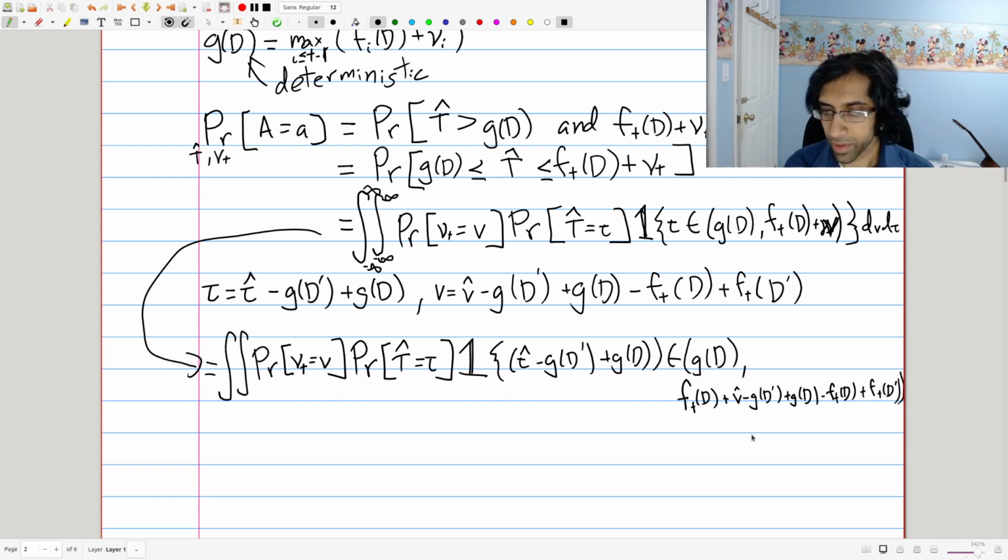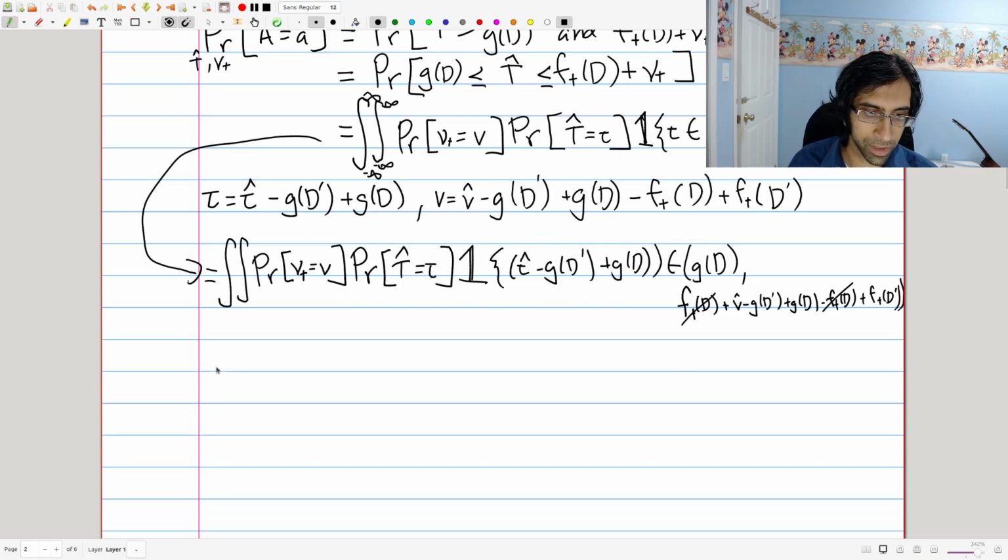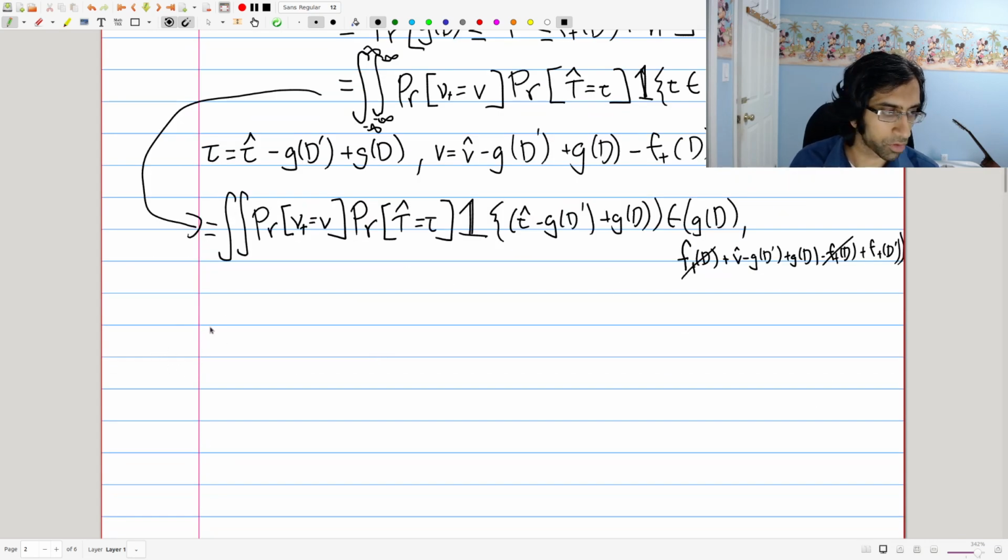Okay, this is a little bit convenient because this will allow us to cancel out this term here, because it's plus and minus the same thing. This will shift this from g of d to g of d prime. But the point is, if you do all these substitutions and move terms over to the right-hand side, we'll have the following. These things are still unchanged: probability of nu sub t equals v.